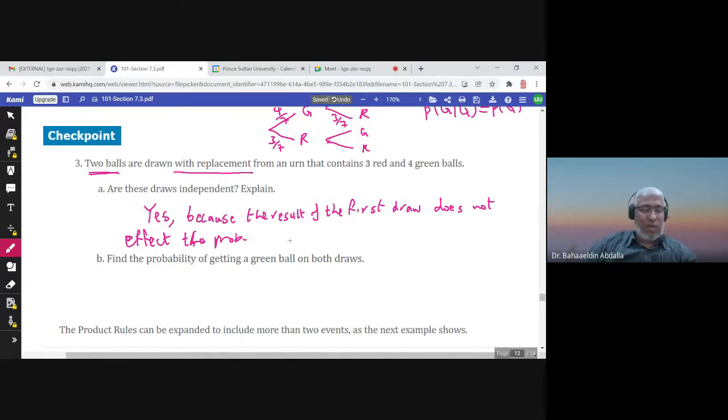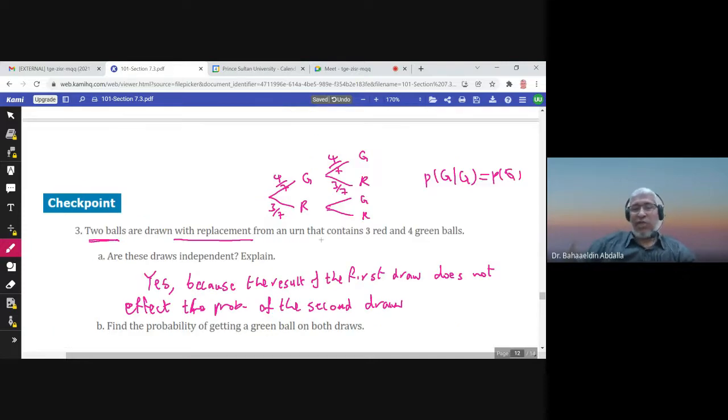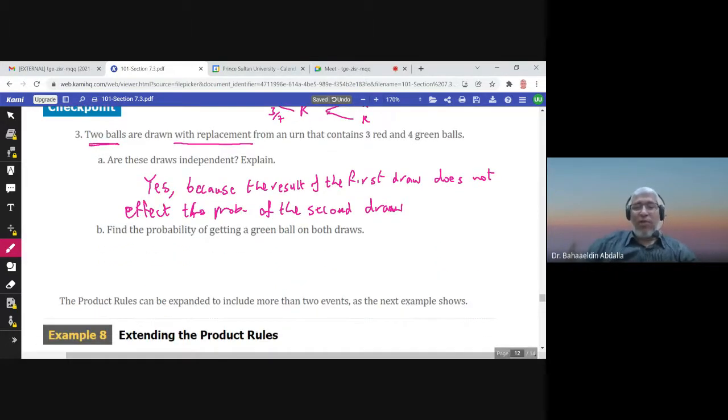So the probability of the second draw will remain the same. Okay, the probability of the second draw is 4 over 7, so they do not influence each other. You can say this. Find the probability of getting a green ball on both draws.